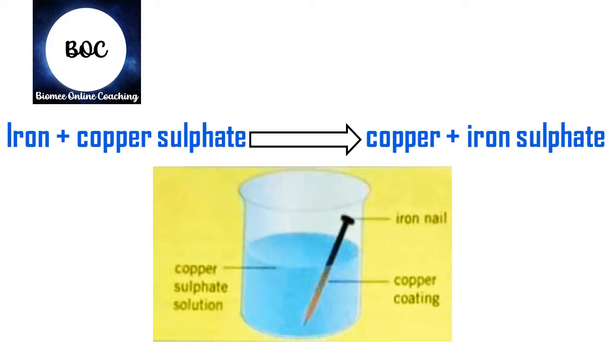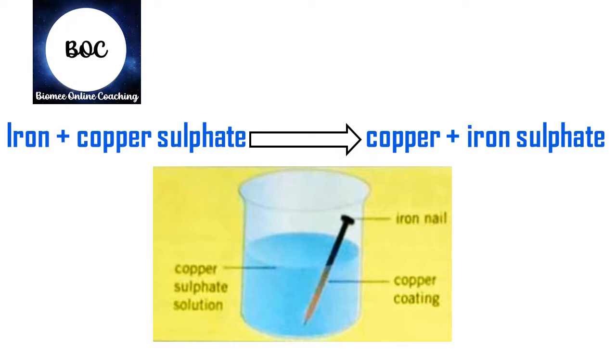In this picture, you are seeing a copper sulfate solution in which an iron nail is dipping. Now, what is happening here? Iron replaces copper from the copper sulfate solution, and that's why this reaction is known as a displacement reaction. As you see in the word equation, iron combined with copper sulfate solution replaces the copper and forms iron sulfate.